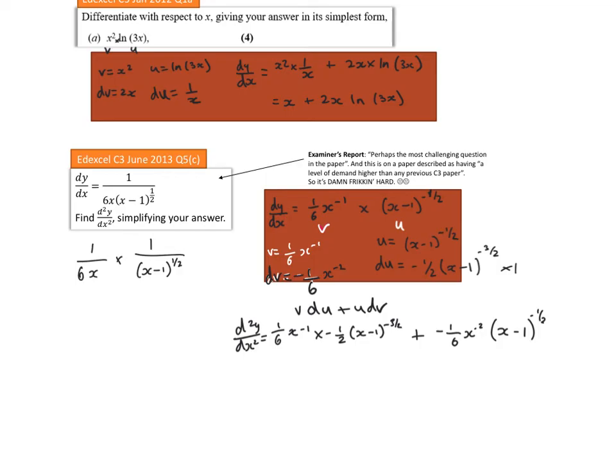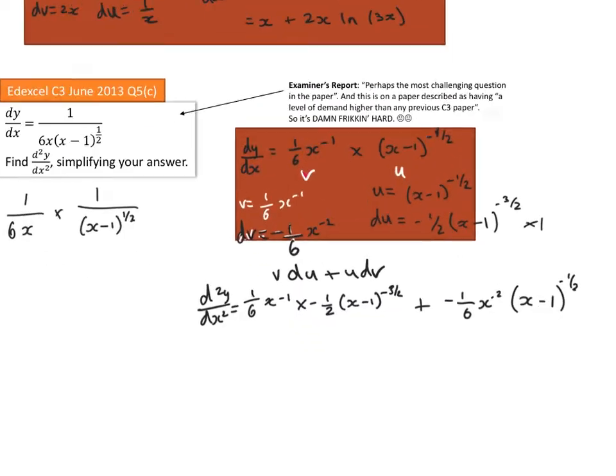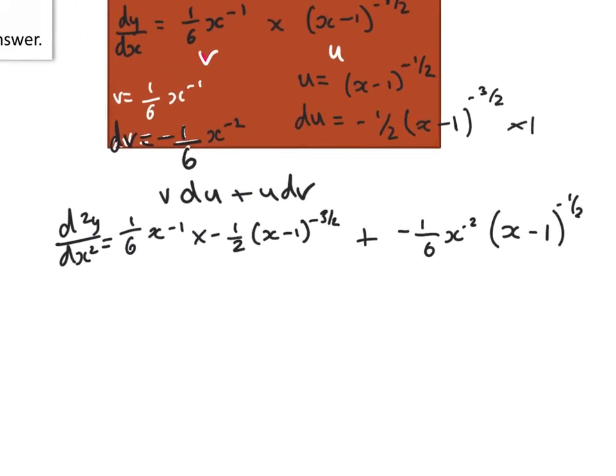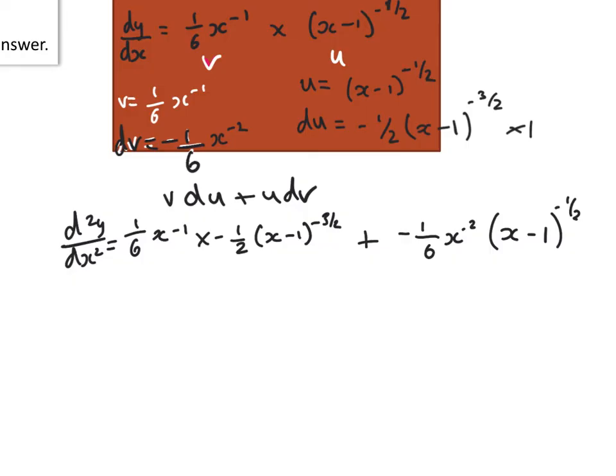Okay, I have no idea how it wants me to simplify this, but I'm just going to simplify it how I think is good. Okay, so 1 over 6 times negative 1 over 2, we know this is negative 1 over 12. x to the minus 1, I can rewrite, and (x minus 1) to the negative 3 over 2, I'm also going to put (x minus 1) to the power of positive 3 over 2 on the denominator.